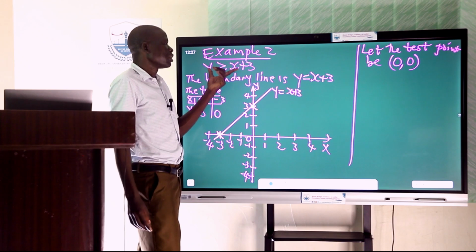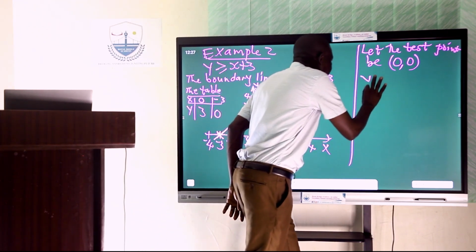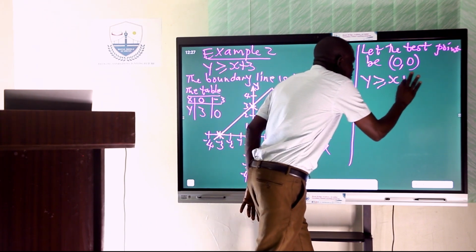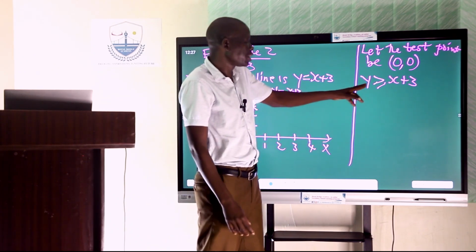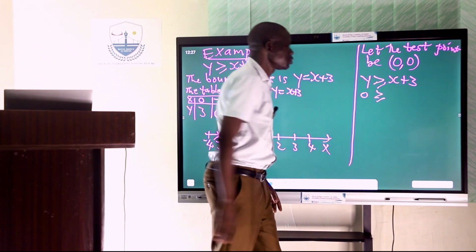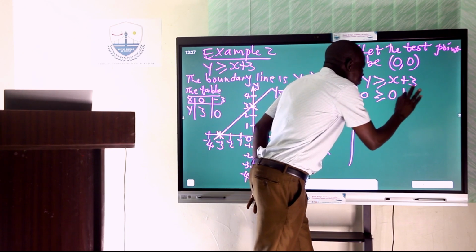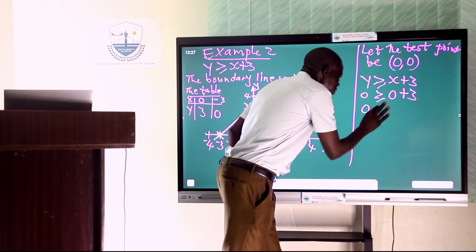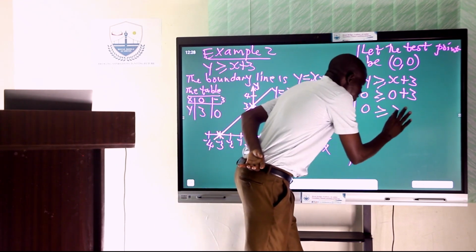Then we now bring our inequality, which says y is greater or equal to x plus 3. So we substitute. Where there is a y, I put 0 is greater or equal to. Where there is an x, I also put 0, then plus 3. So we shall find that 0 is greater or equal to 0 plus 3, which is 3.